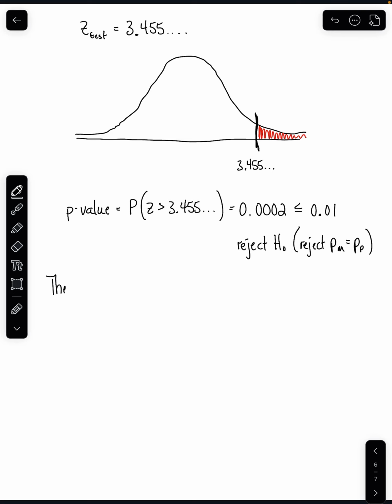So we would say that there is enough evidence to support the claim that the proportion who received the medication and had their cholesterol reduced is greater than the proportion who received the placebo and had their cholesterol reduced.